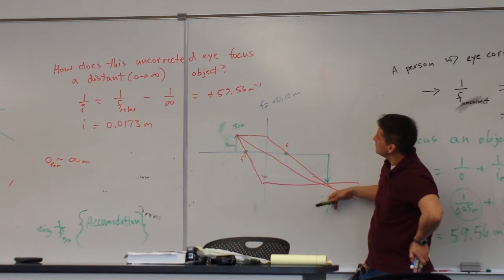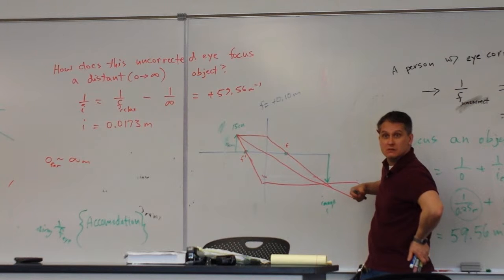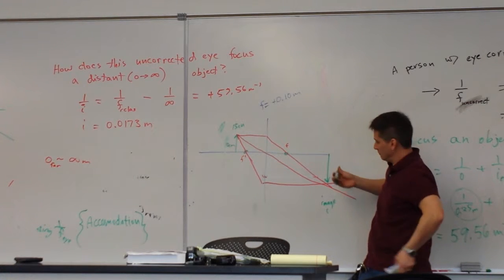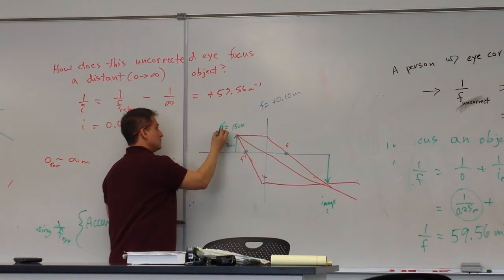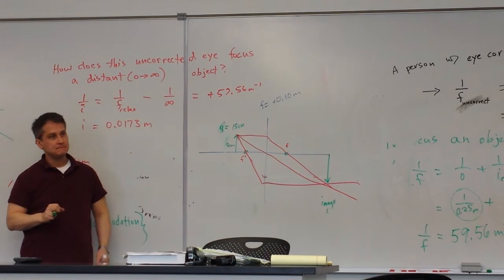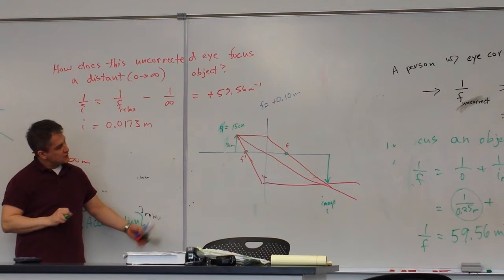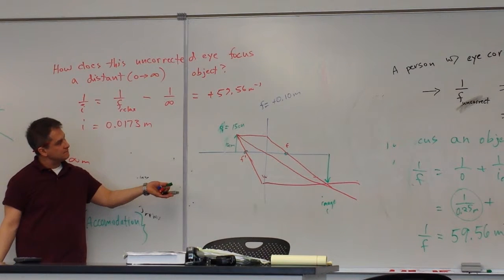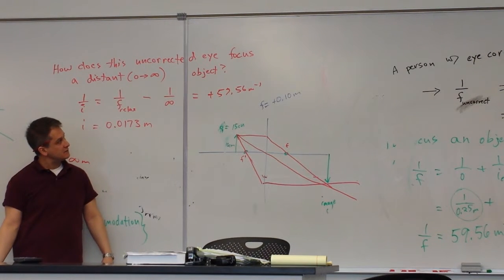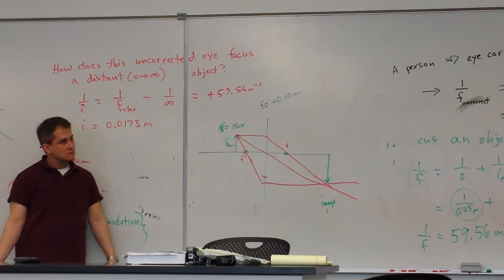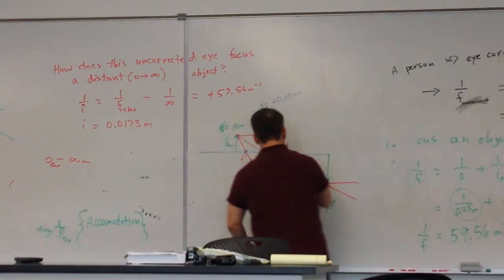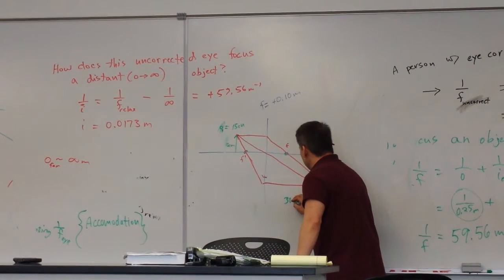It's not 30, but it's something larger than 15. So the inverse of 15 subtracted from the inverse of 10. 30 centimeters, okay. So this distance here is 30 centimeters.